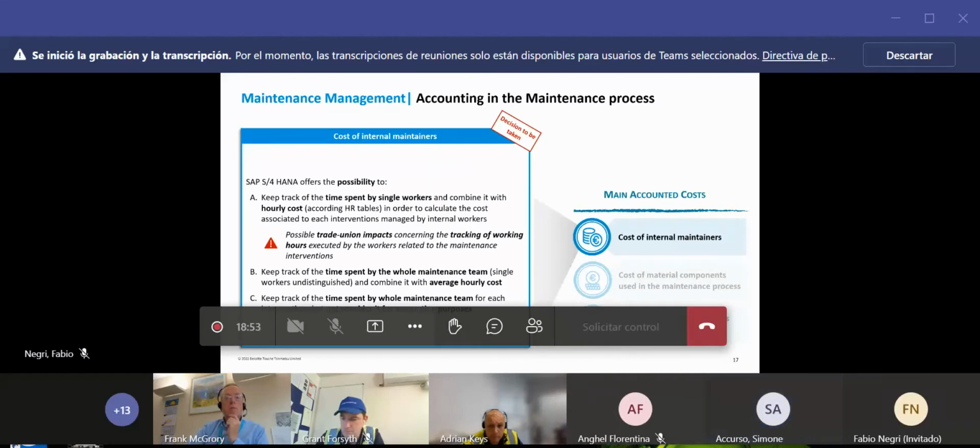So maybe start from the simple solution and then activate the possibility to also put the cost into account. Okay.